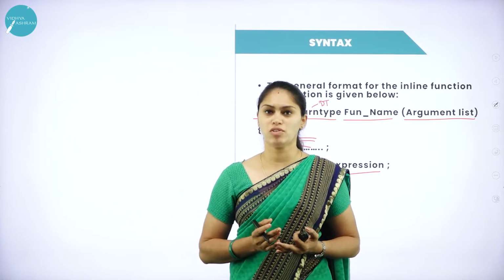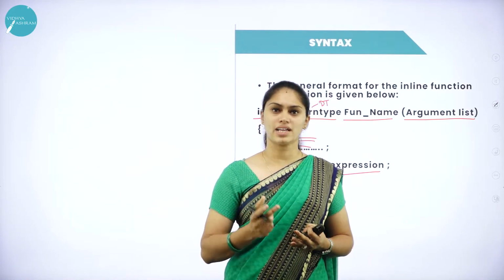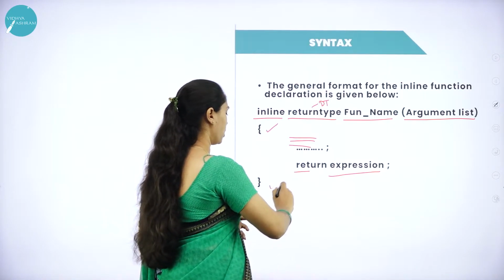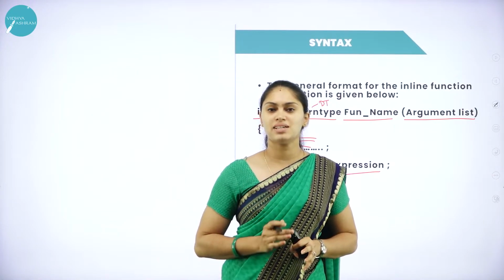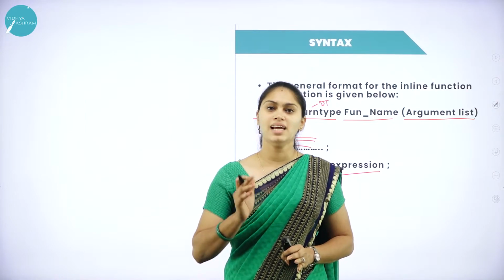Once it performs its task or calculation, it returns the value or expression back to the function. The braces indicate the opening and closing of this inline function. Everything is the same as in previous functions, but here it must be preceded by the inline keyword.